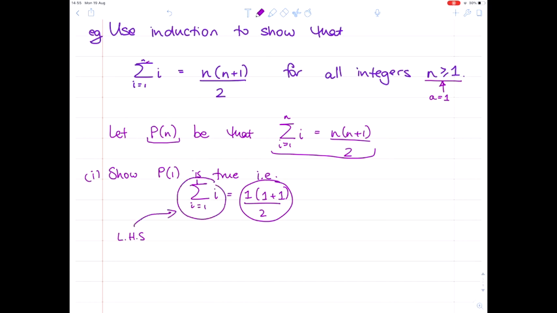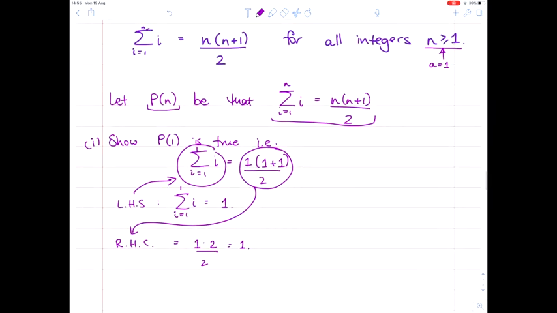We're going to say, okay, well that means we need to go sum from 1 to 1 of i, which is equal to 1. That's all we've got. Then we look at the right-hand side, which is that bit over there, and that's equal to 1 times 2 over 2, which is equal to 1.